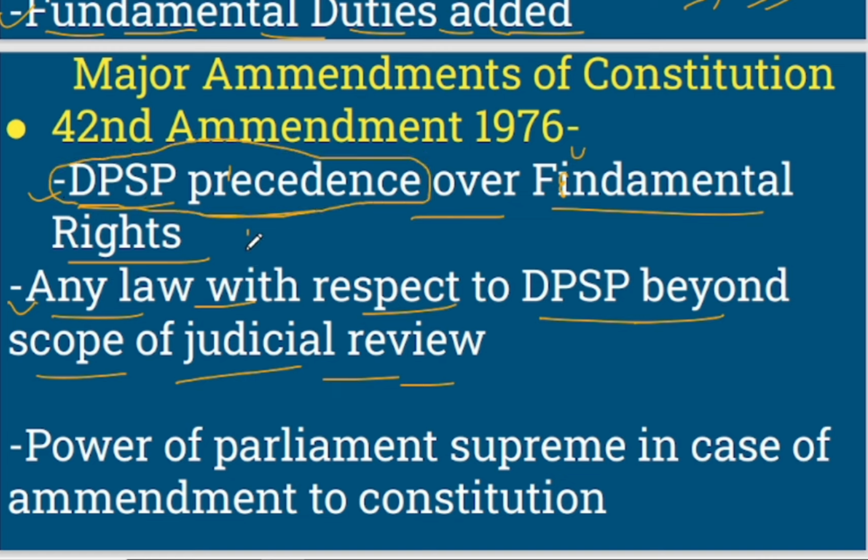How is it related? Suppose there is a conflict between a directive principles of state policy law and a fundamental right. In that case, as the law says, directive principles of state policy will prevail and be given preference. The DPSP law will be in effect and the fundamental right will go away.